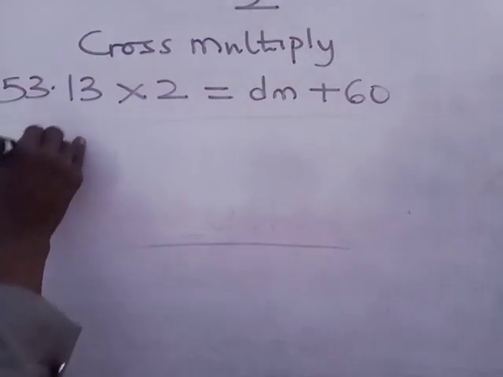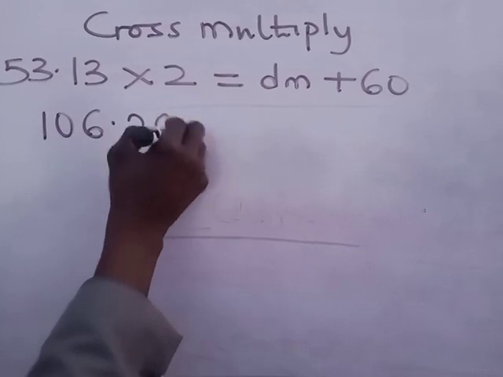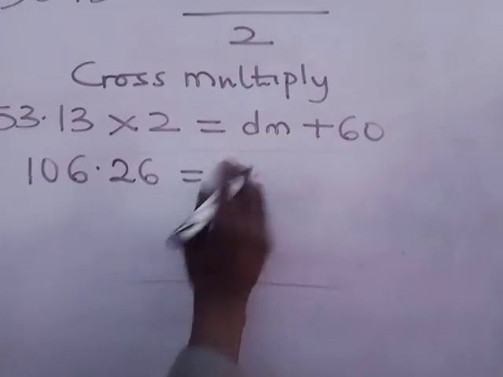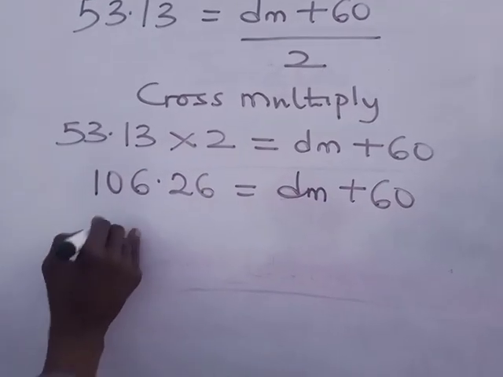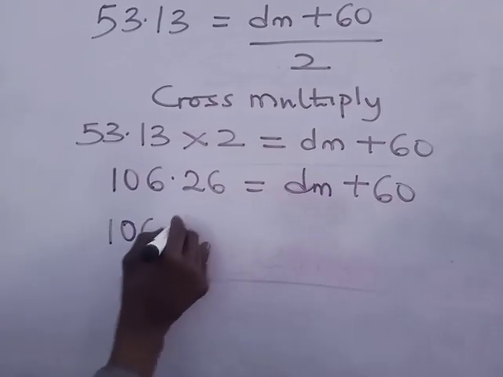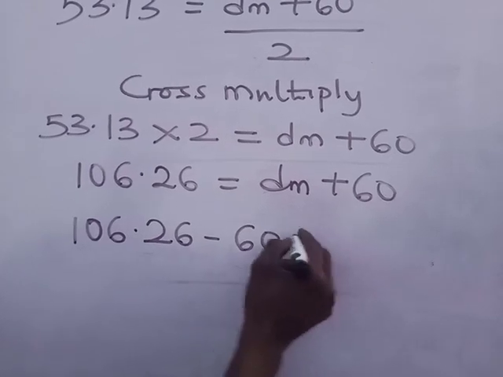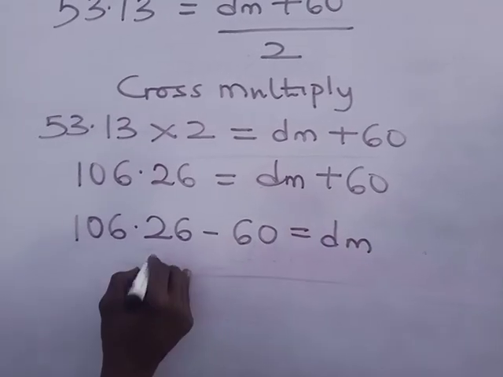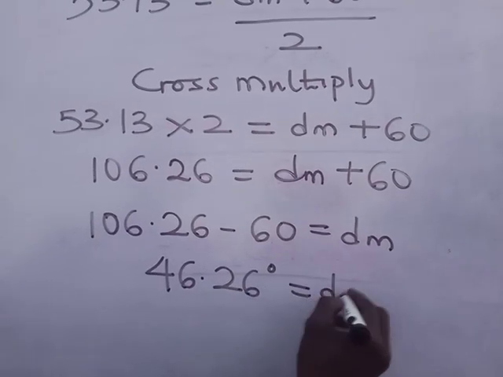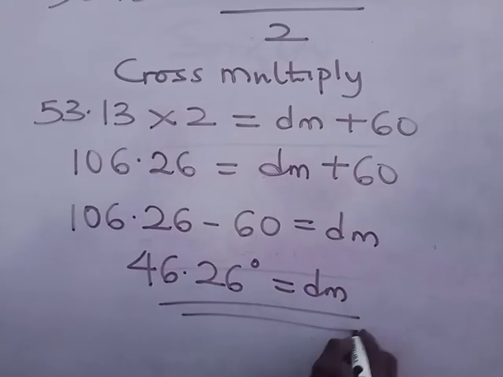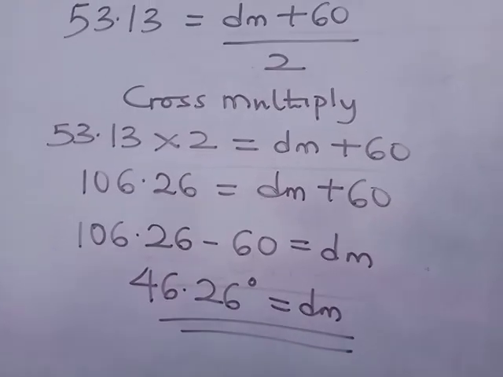So this is 106.26 will be DM plus 60. So 106.26 minus 60 will be DM. So this is 46.26 degrees. That's the DM, which is the minimum deviation we are asked to calculate. I hope that is clear to you.